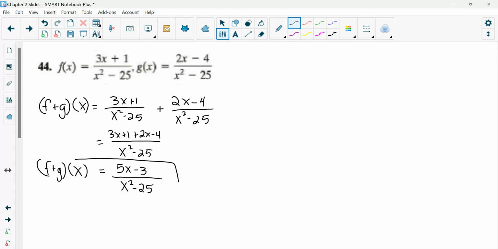Now, for us to also find the domain, that's the other part of this question. For us to find the domain, we are going to have to factor the denominator, or any of those denominators. So what does x squared minus 25 factor to?